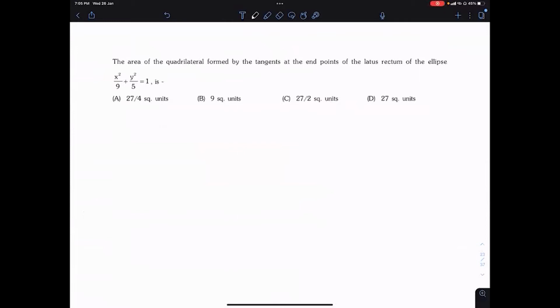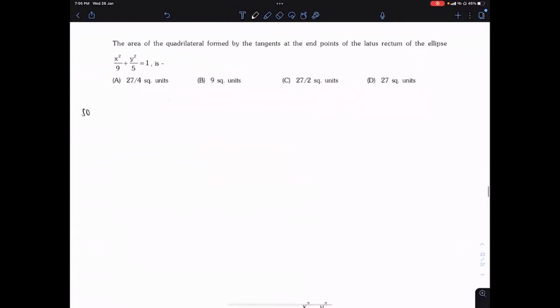Okay. So first question, let us see. Find the area of the quadrilateral formed by tangents at the endpoints of latus rectum of the ellipse. So you have this ellipse.